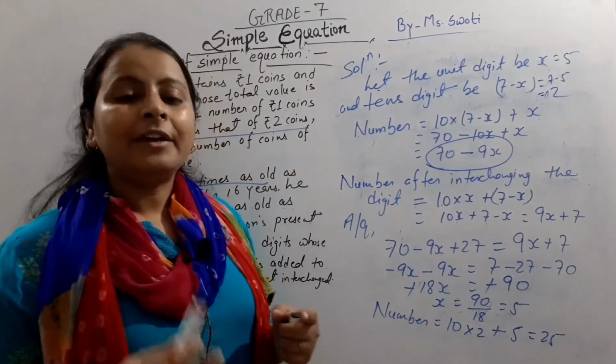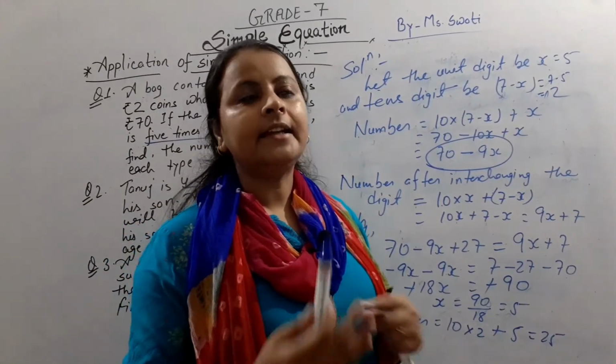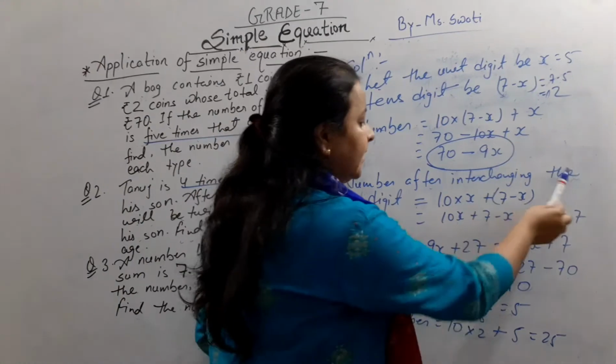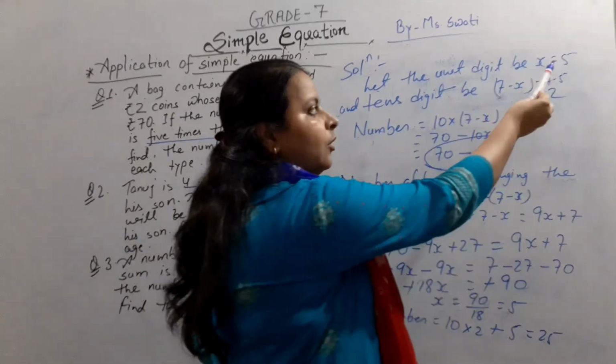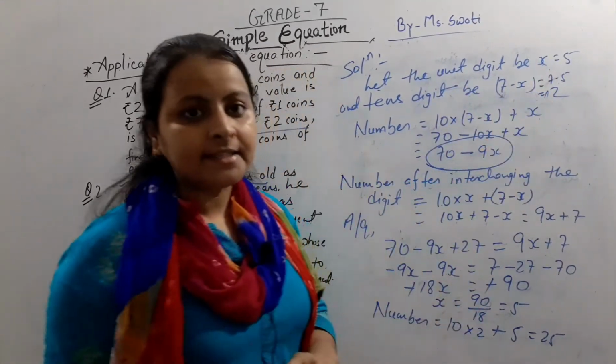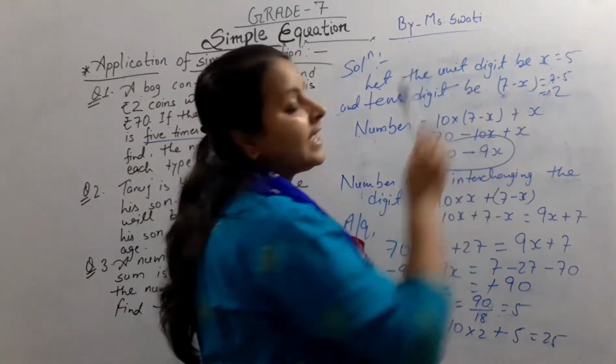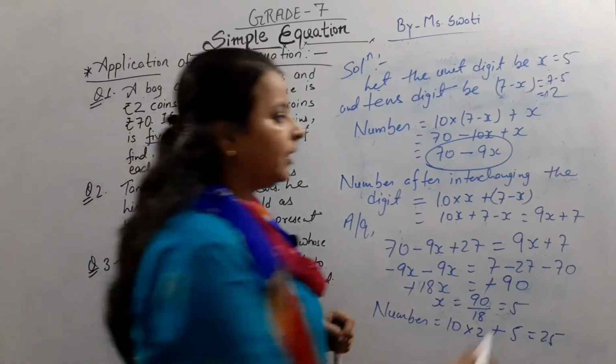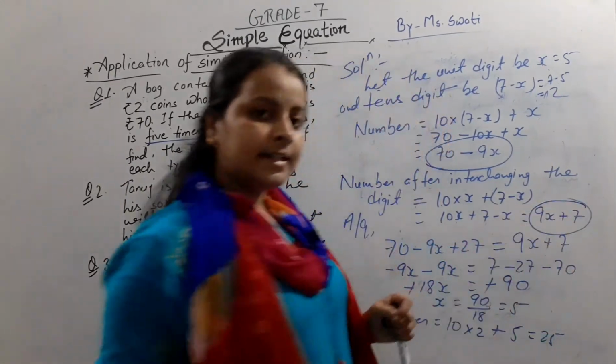Now when we add 27, then the digits interchange. So after interchanging the digits, x becomes the tens digit and 7 minus x becomes the unit digit, and we get the number 9x plus 7.